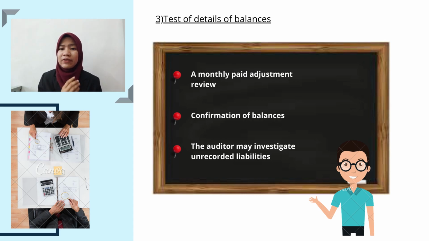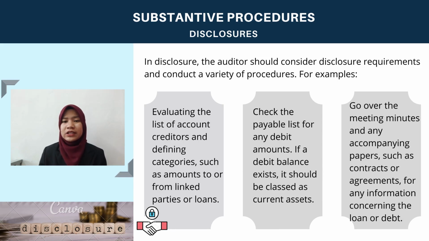After that, the auditor may investigate unrecorded liabilities to analyze the following period's purchase and payment transactions. This is to determine any unusual reduction in expense and to examine any contractual agreements of liabilities. And after all, the auditor should also know the disclosure requirements and conduct a variety of procedures, especially when evaluating the list of accounts.